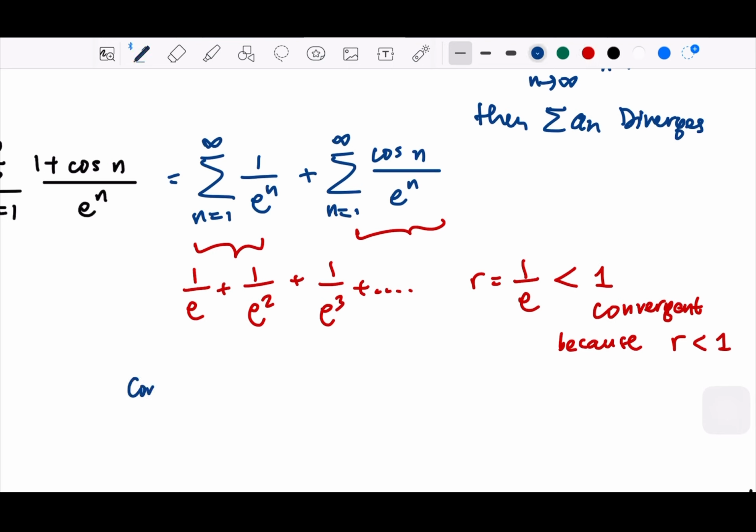So compare that the cosine n over e to the n is less than or equal to 1 over e to the n.